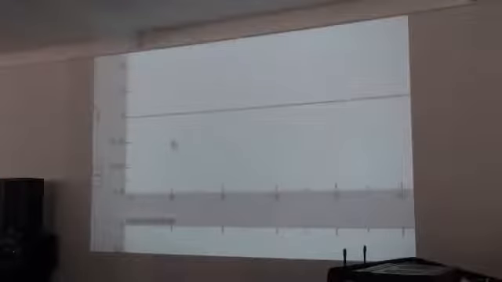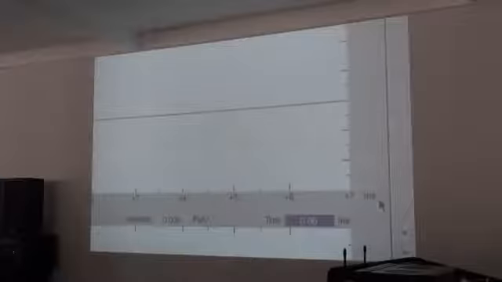Then this is where the impulse response is interesting. The impulse response shows in the horizontal time. In this analyzer, the time is used in the scale as milliseconds.